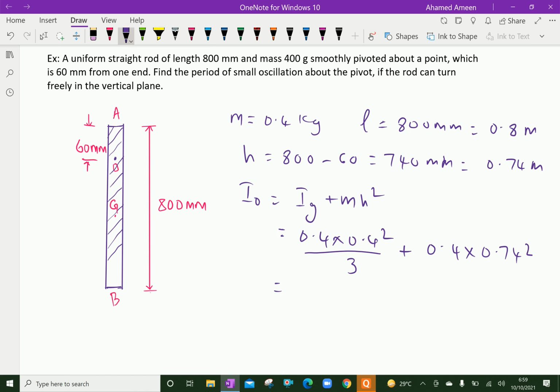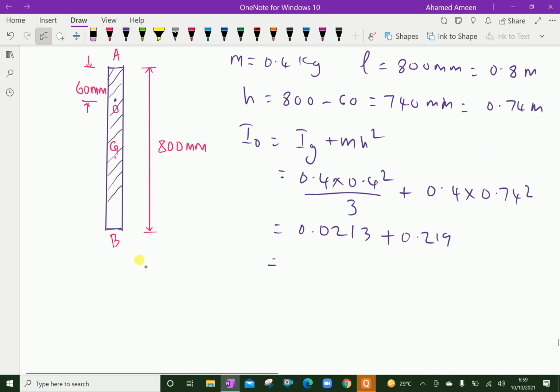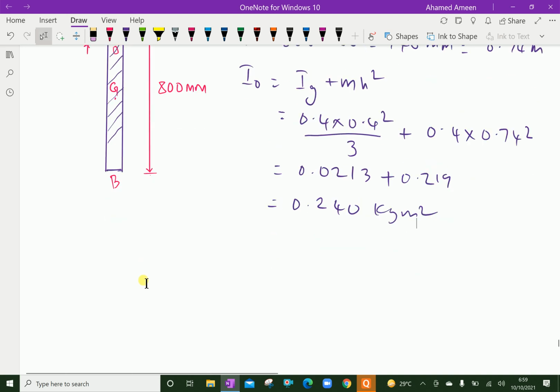Further calculation: this 0.4 into 0.4 square over 3 is 0.0213, plus 0.4 into 0.74 square is 0.219, which is equal to 0.240 kg meter square.